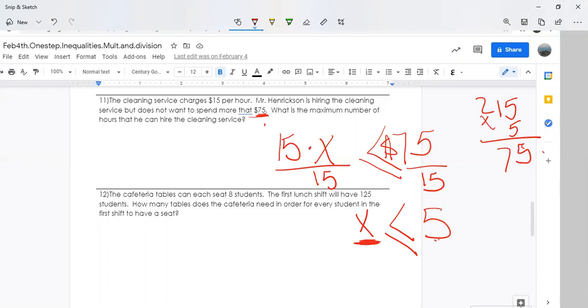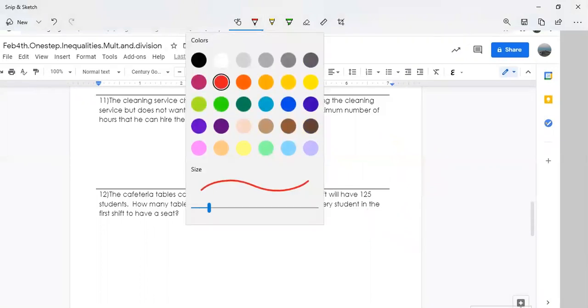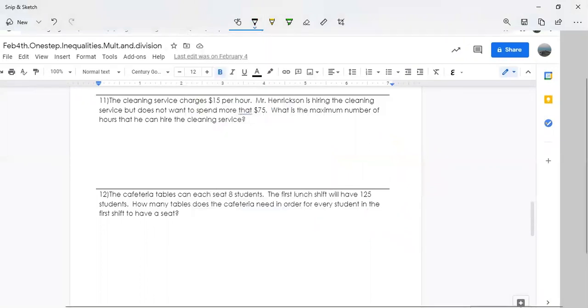Okay, all right, last one. The cafeteria tables can each seat 8 students. The first lunch shift will have 125 students. How many tables does the cafeteria need in order for every student in the first shift to have a seat? Okay, so each table has 8.